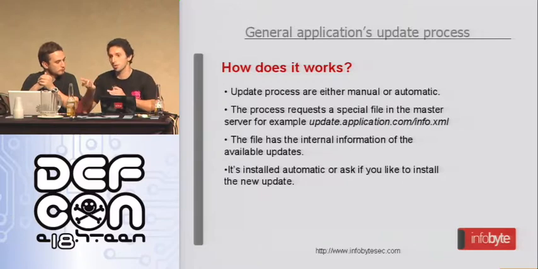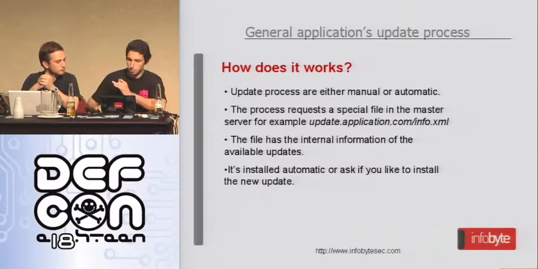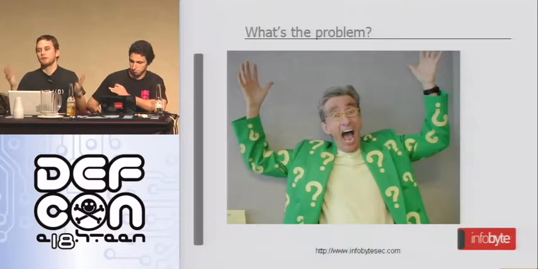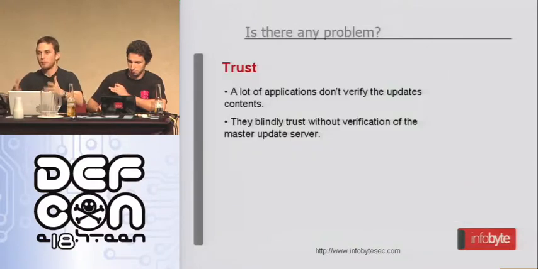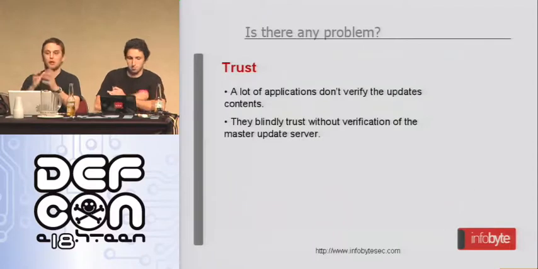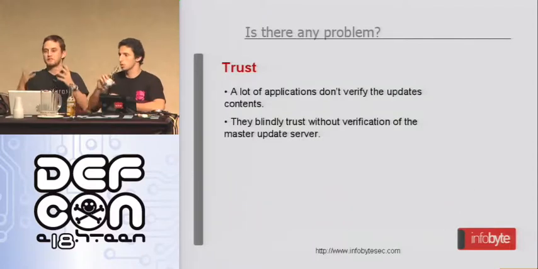If there is, the process downloads a binary and executes it. So what is the problem? Most people, at least my mom, trust every single window that the computer gives them. We are taking advantage of that trust that the user gives.